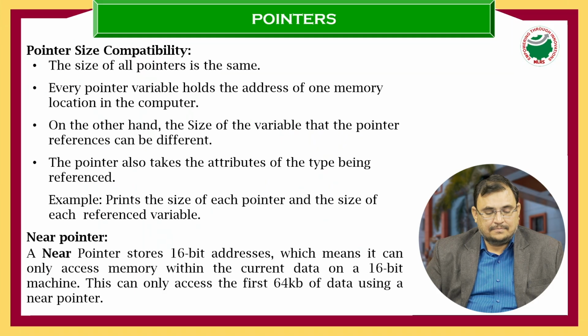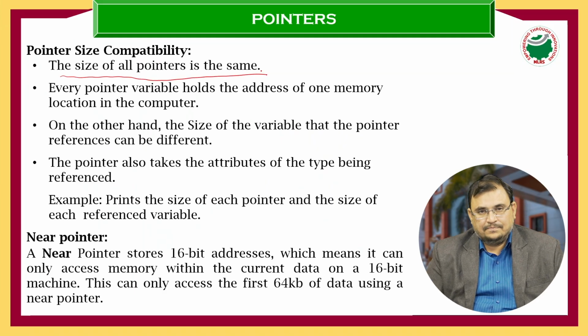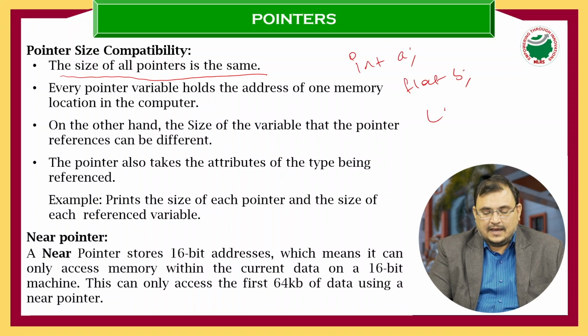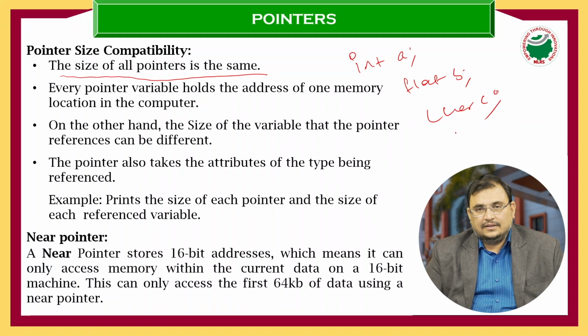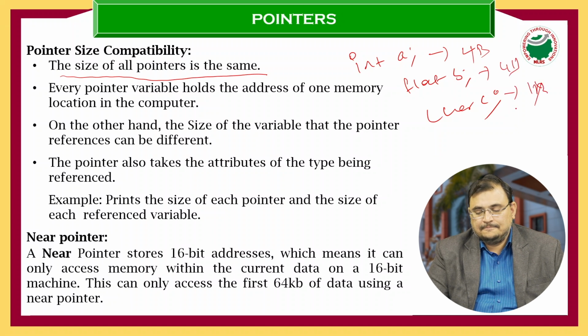Coming to size compatibility, the size of all pointers is the same. For example, if you declare int a, float b, char c, then on a Linux machine an integer occupies 4 bytes, a float occupies 4 bytes, and a character occupies 1 byte.